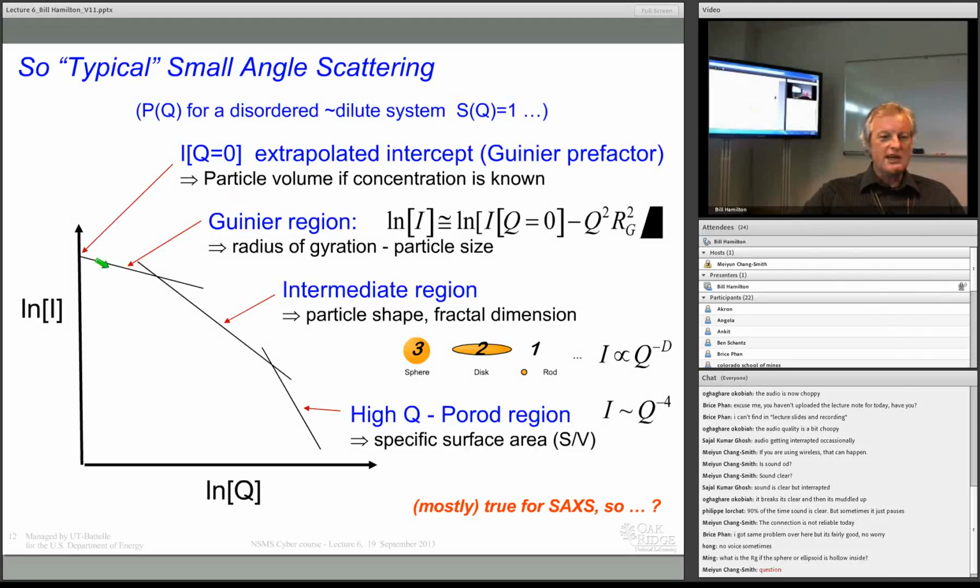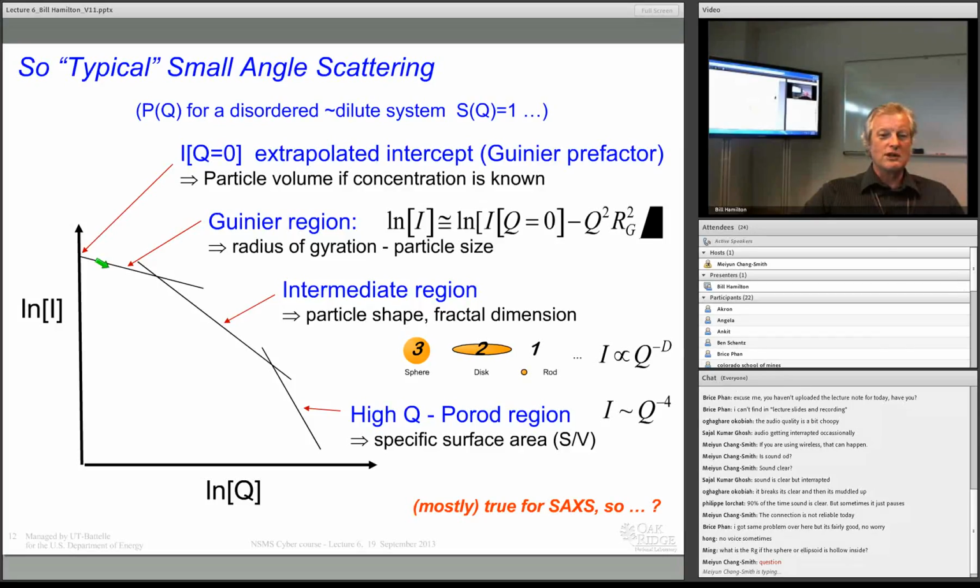We have the Guinier region we've already talked about, where basically if we know the volume, we get concentration out, because we know what the size is, we know what the scattering power is, so we'll get its number density, or vice versa. Out here in the Porod region, we can get its specific surface area, and the intensity is going to be proportional to Q to the 4.